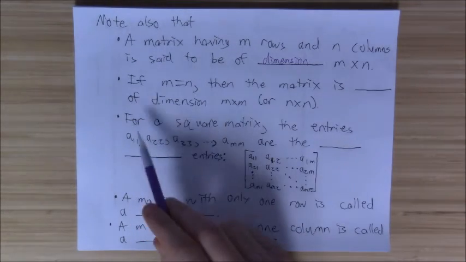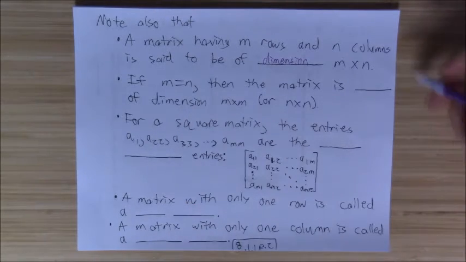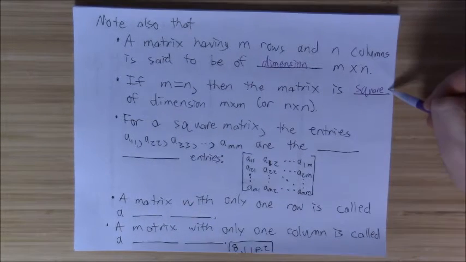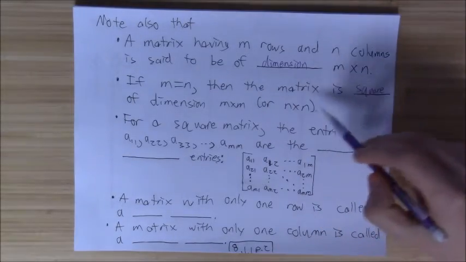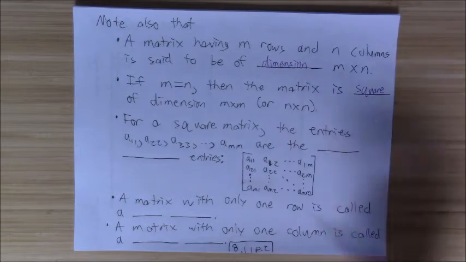And then another thing, when the number of rows and the number of columns are equal to each other, then the matrix is square of dimension m by m, or n by n, since we know that they're the same.